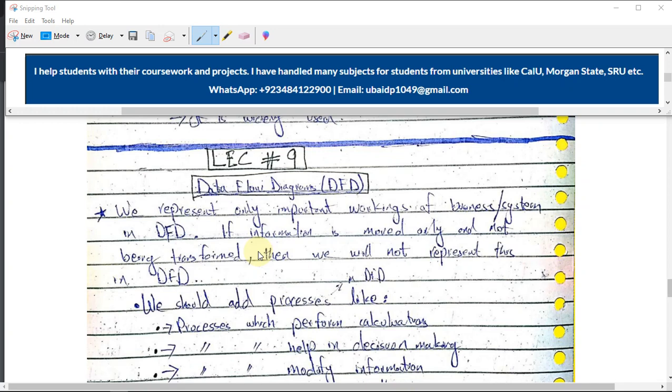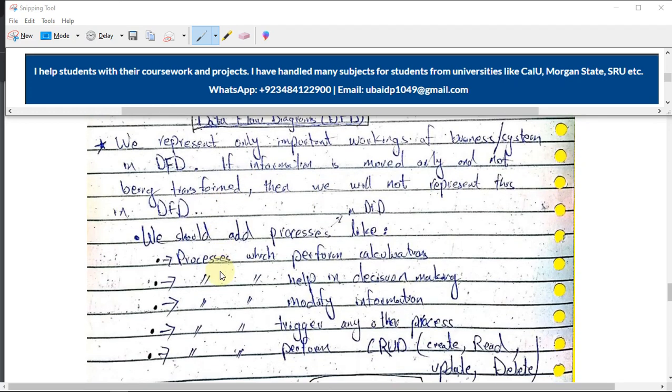Because if it's not the information we are representing in the DFD, if it's not being modified or being used in the whole scenario, then we shouldn't even represent it in our DFD.